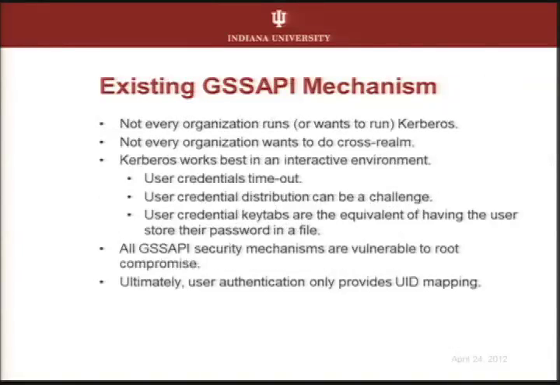So in the existing GSSAPI mechanism, which is properly GSSAPI Kerberos 5, when you look at it, not everyone runs Kerberos, and certainly not everyone wants to do cross-realm. Kerberos's greatest strength is also its greatest weakness in this environment.